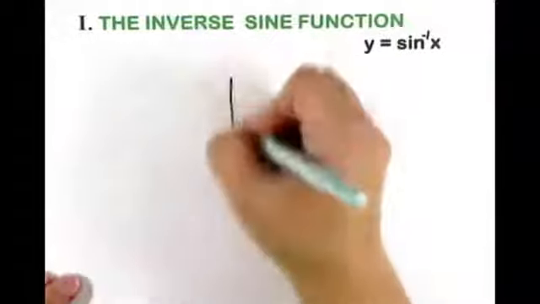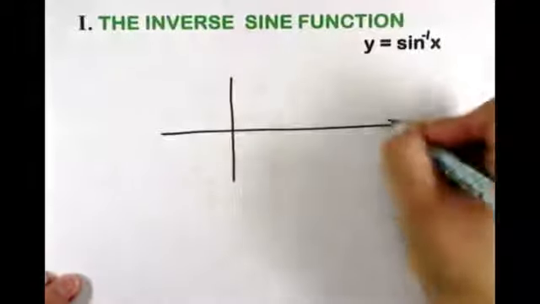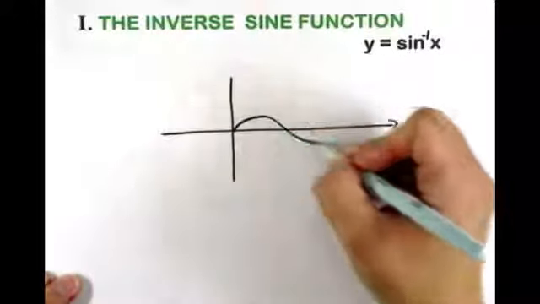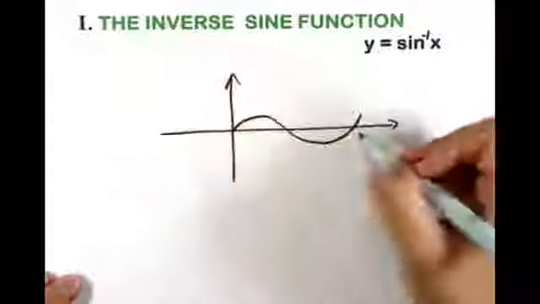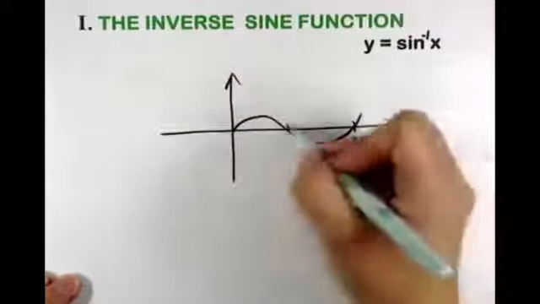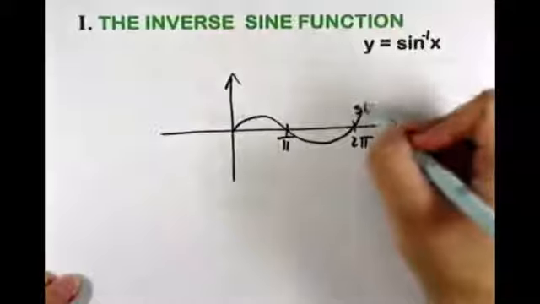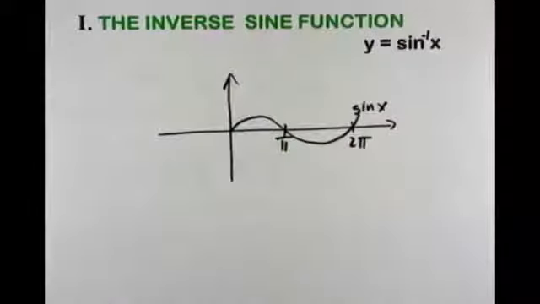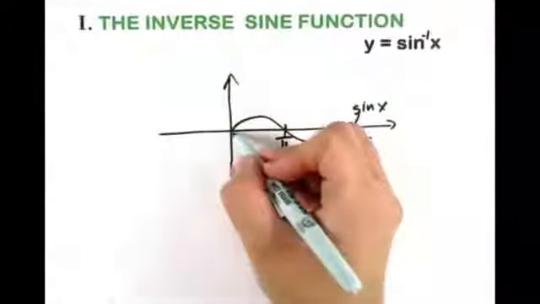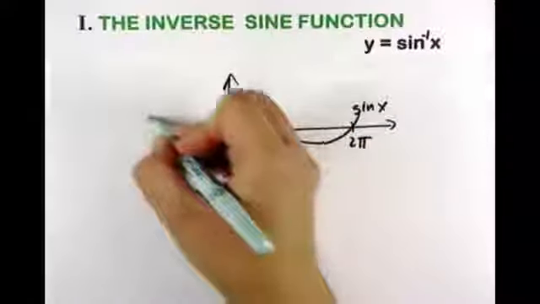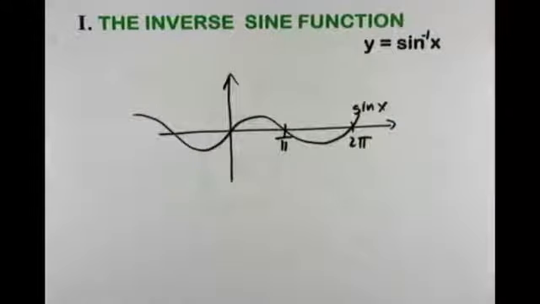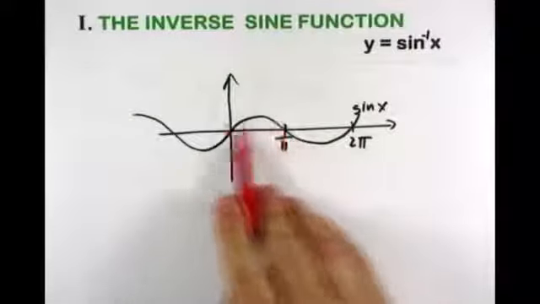And now we know that the sine function has the S shape. Okay, 2 pi, here is pi. That's my sine function. This function is not one-to-one, because if I take a horizontal line, it crosses twice.